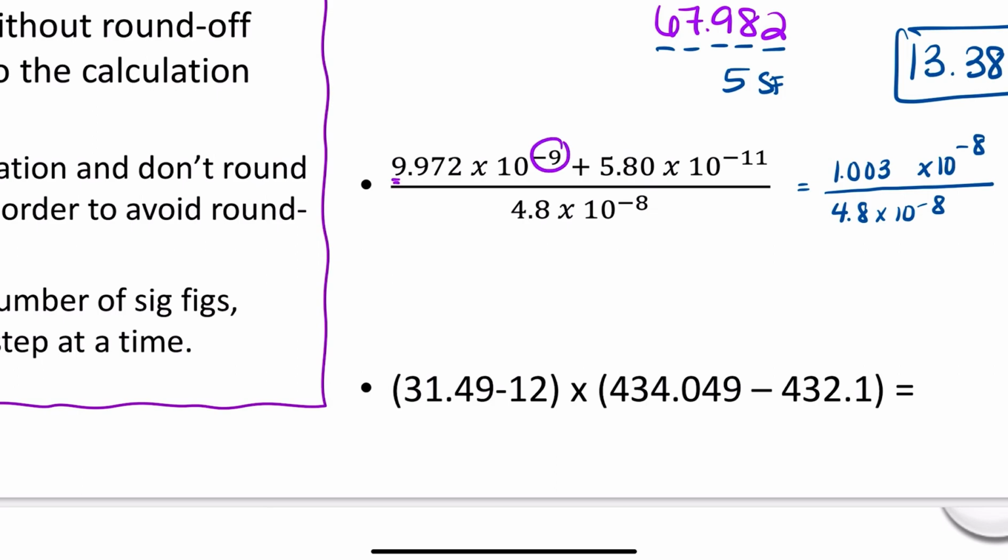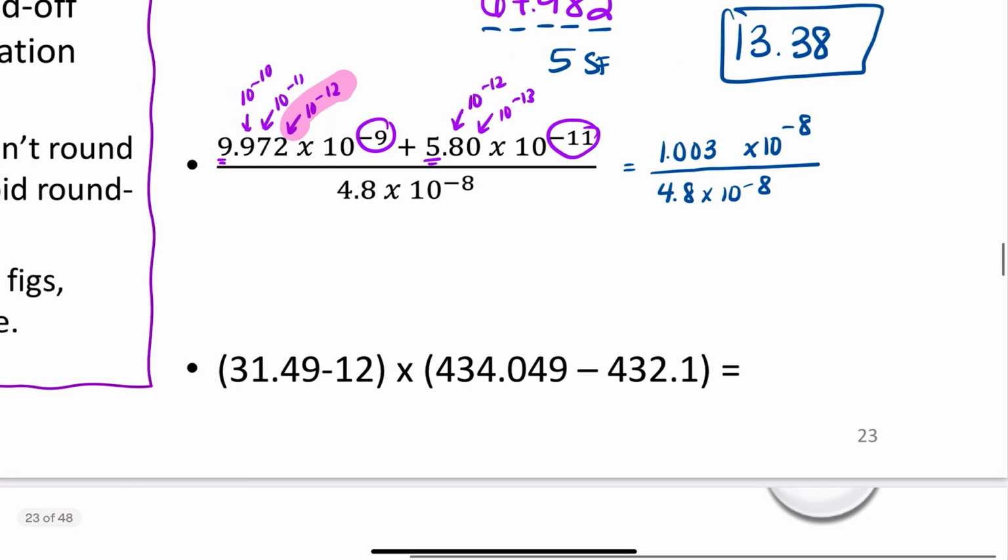Negative 9, 10 to the negative 10, 10 to the negative 11, 10 to the negative 12, 10 to the negative 13. So I need my answer to be precise to the 10 to the negative 12th position.